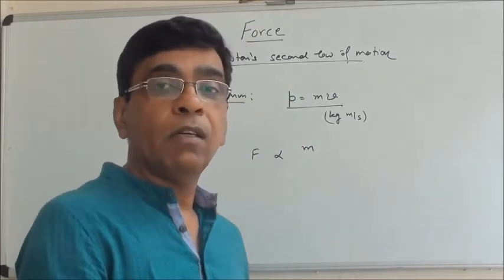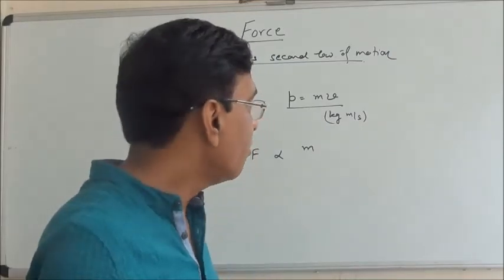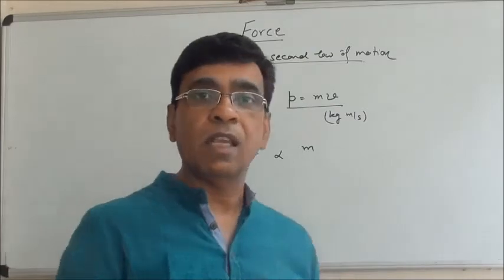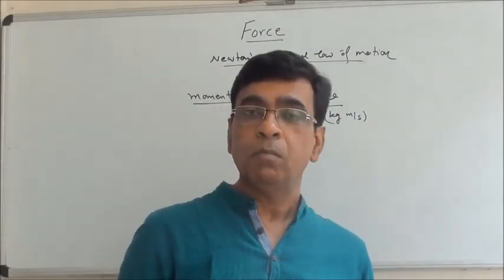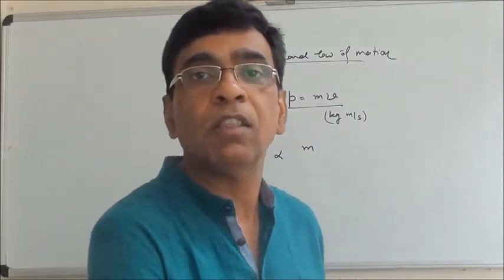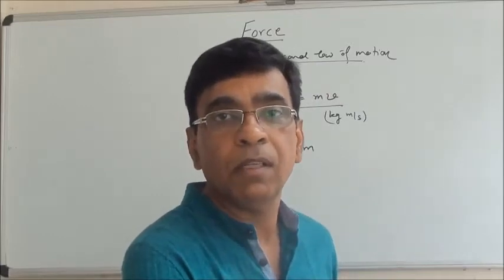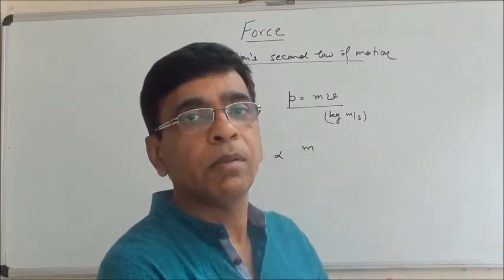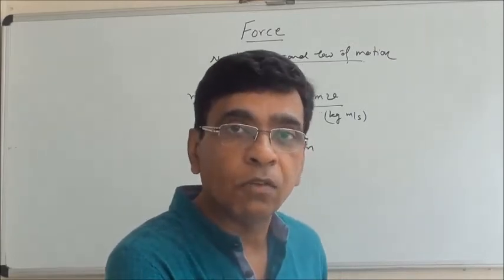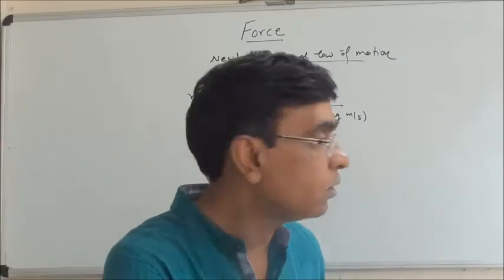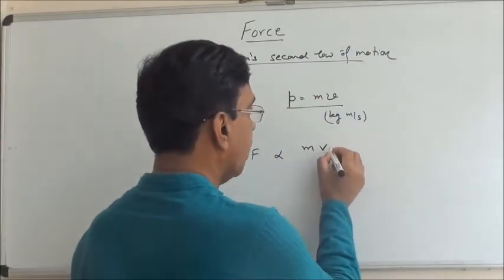If a bullet is fired at us, then again the mass is the same, but it's impossible to stop a moving bullet because you need a much larger force to stop it, though the mass is the same. So to stop an object, you need a larger force if the velocity is large. So it will also depend on velocity.